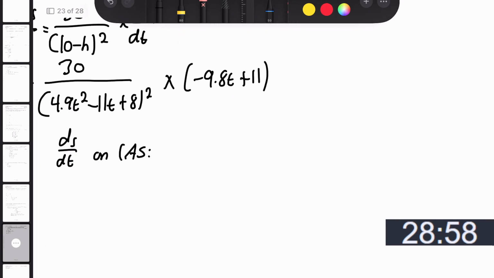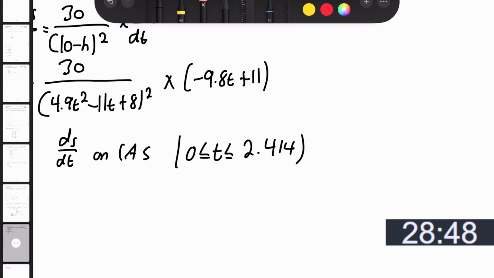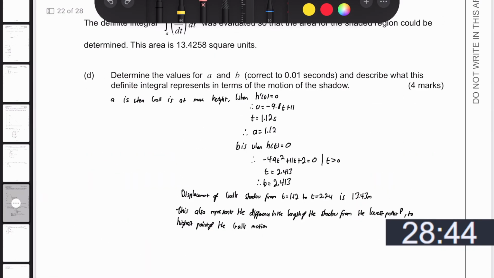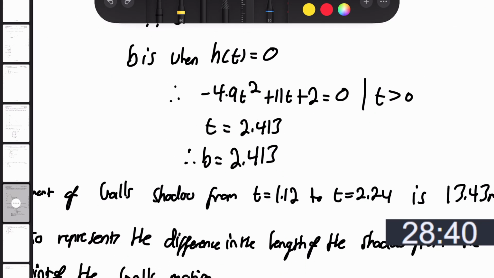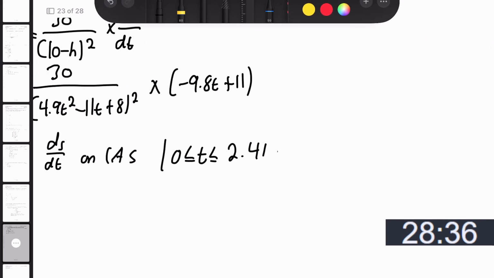On CAS, given that t is not equal to 2.414. Let's say that max at.